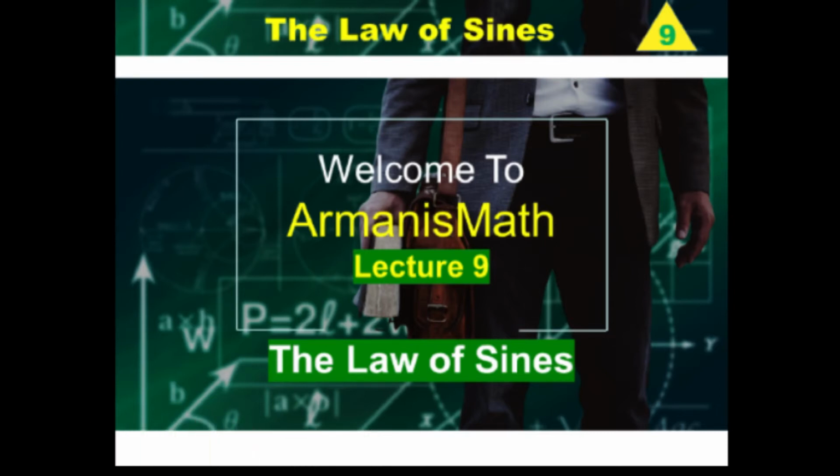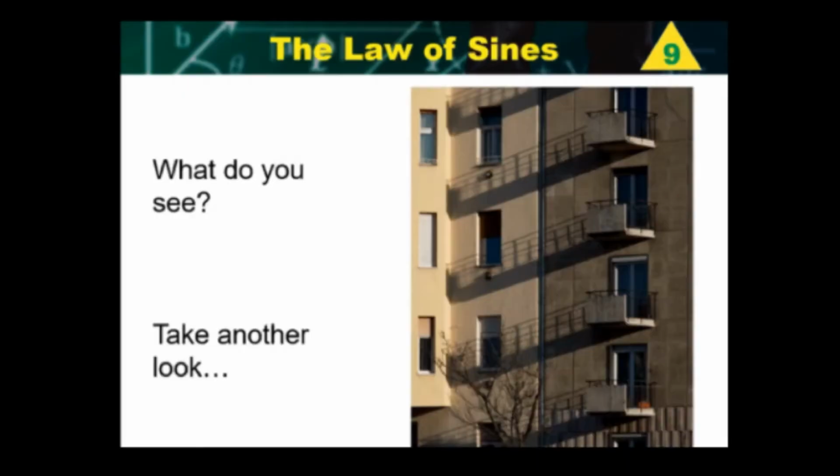We are going to talk about the law of sines. Help me out in the chat. Tell me, what do you see? Okay, some of you are saying that. What else can you see? I've seen the word repetition.